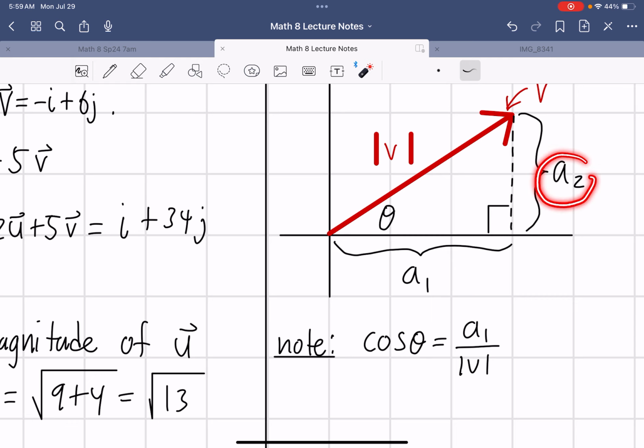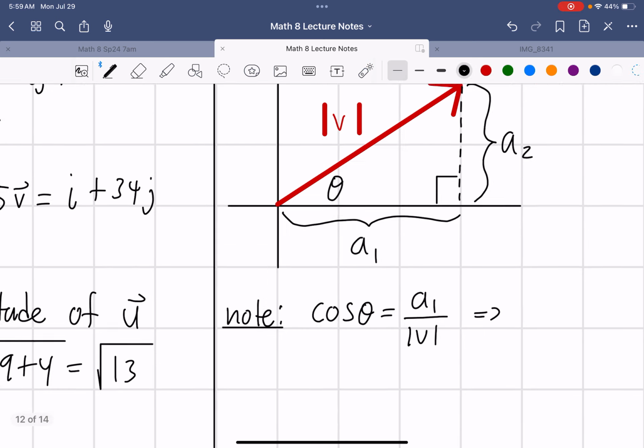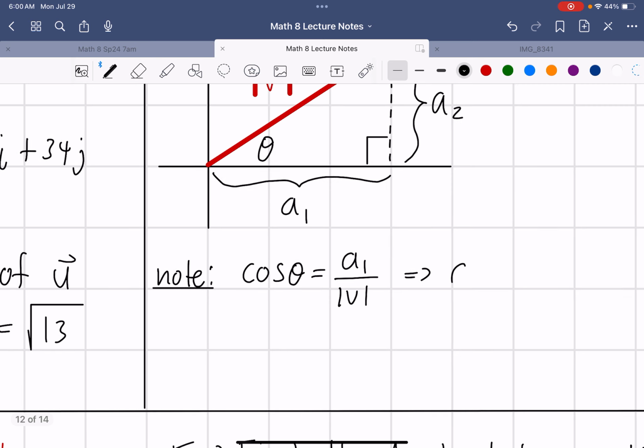And I can find that component by rewriting this: a sub 1 will be equal to, just multiplying the magnitude to both sides, the magnitude of v times cosine theta. And similarly, I can find the y component.